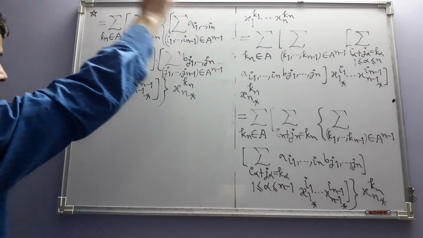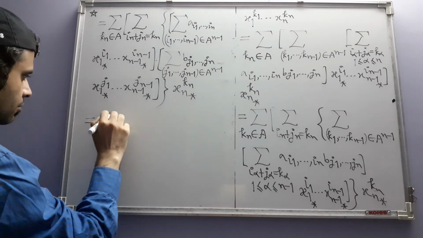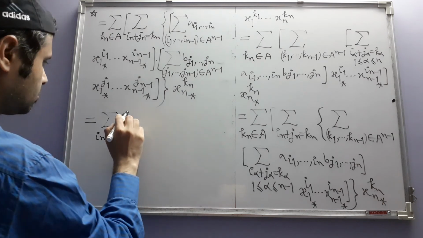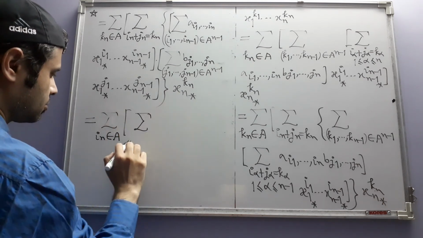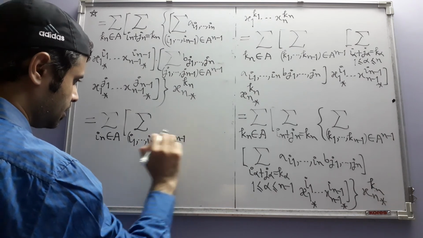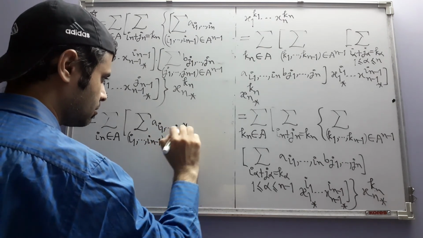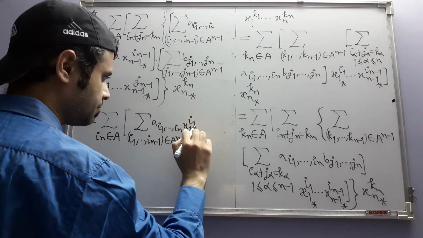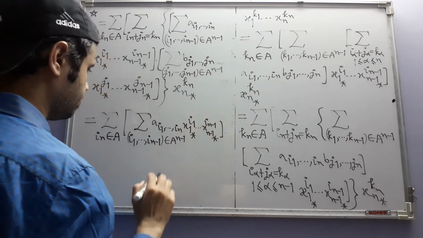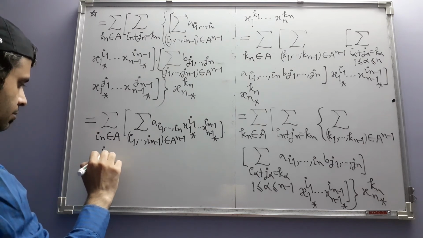And finally, this entire thing is actually this product, summation i_n belonging to A, summation i_1, i_2 up to i_{n-1} belonging to A, a_{i_1, i_2, up to i_n}, x_1 star to the power i_1, etc. up to x_{n-1} star to the power i_{n-1} times x_n star to the power, oh, here I have i_n.